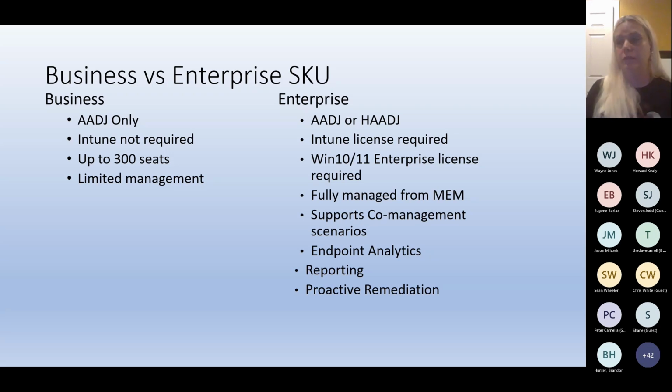Enterprise gives you flexibility, lots of flexibility. You can do Azure AD joined, you can do hybrid, but Intune is required. So let me step back for a moment. Licensing. That's what I was going to dive into. When you're trying to determine what size of virtual machine you're going to provision for your users, it's actually based off of the license.